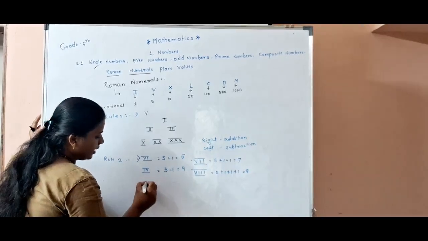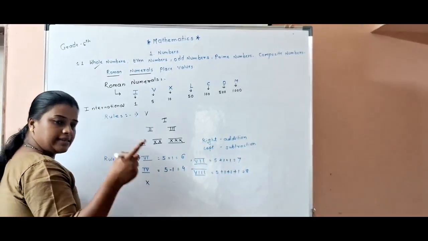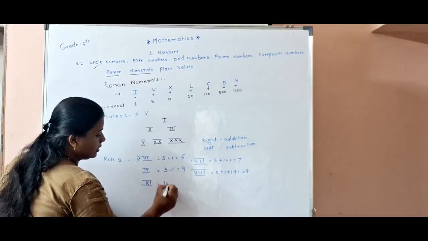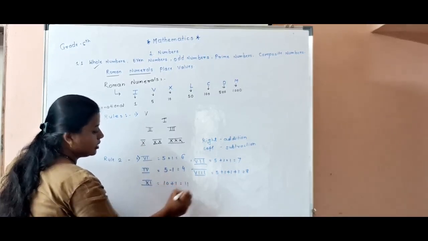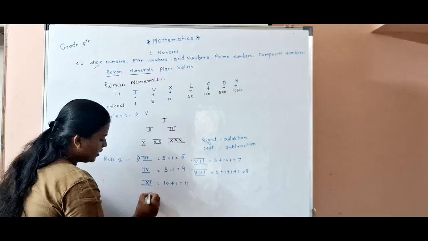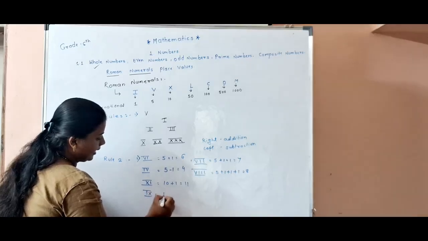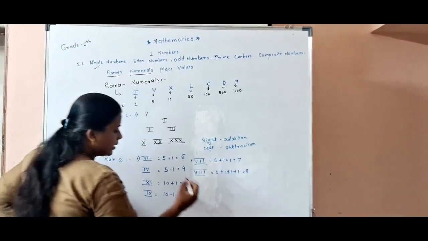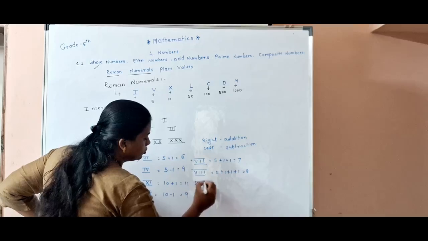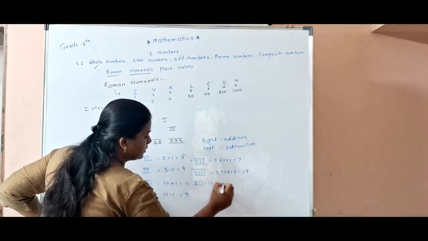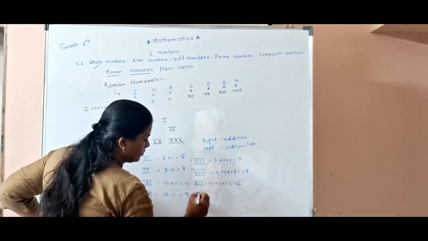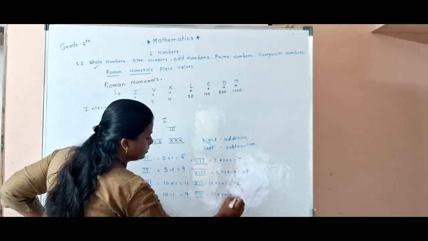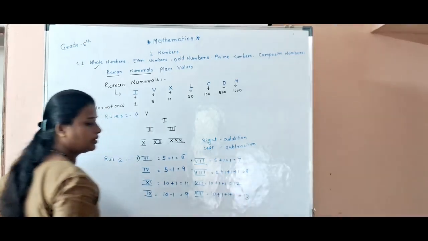Let us go for X. So X, if it is right side, it will be addition. 10 plus 1 will be 11. If it is left side, it will be 10 minus 1, that will be 9. Continue. 1, 2: 10 plus 1 plus 1, 12. 1, 2, 3: 10 plus 1 plus 1 plus 1 will be 13.